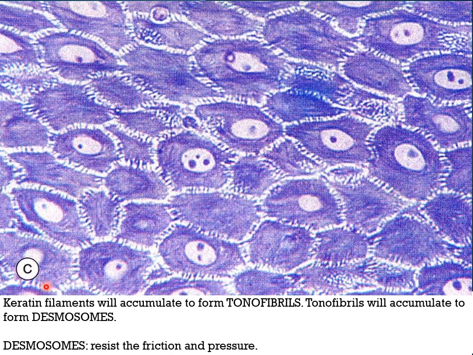Itong functional unit na to will collectively resist the friction and pressure exposed from the external stimuli. Halimbawa, nadapa kayo, no? Nagkakaroon ngayon ng protection para hindi malapnos or matanggal yung buong skin from the body.